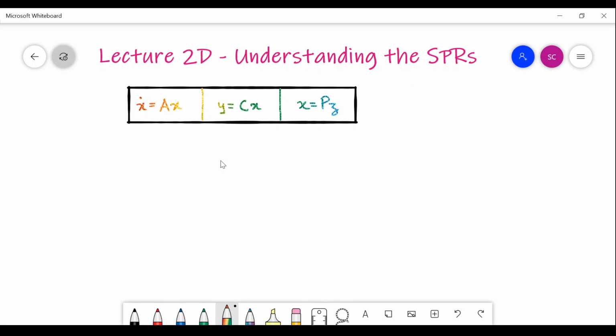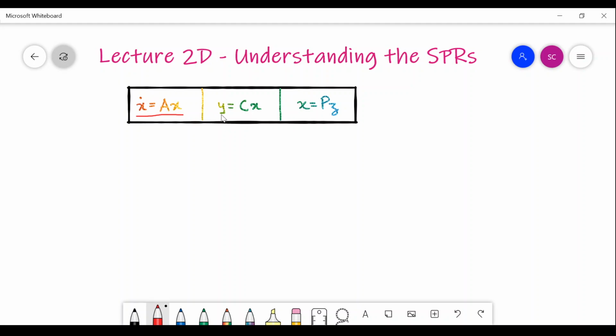As you can see, I have written down a few equations which you are already familiar with. This one is the state dynamics of the unforced system. When you have the control input to be 0, then the dynamics is x dot equals Ax.